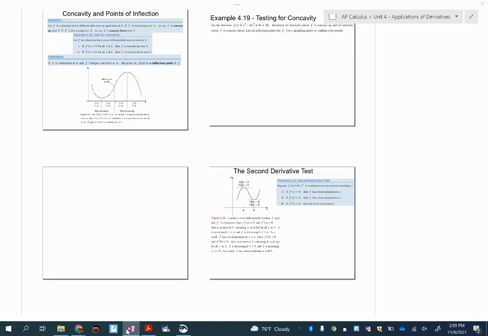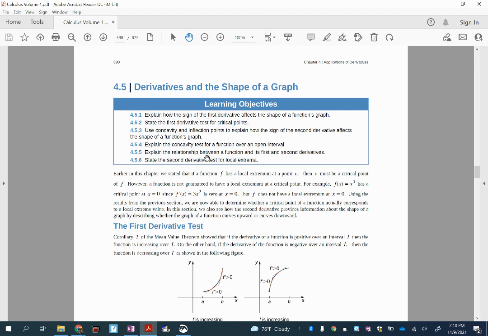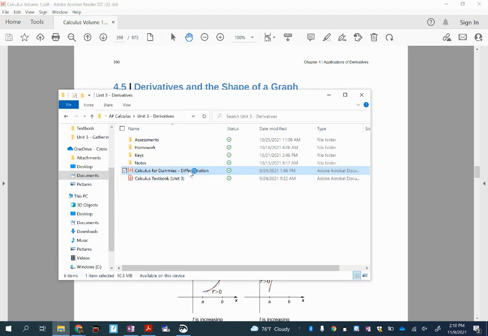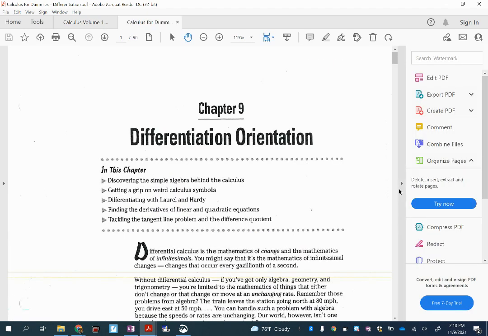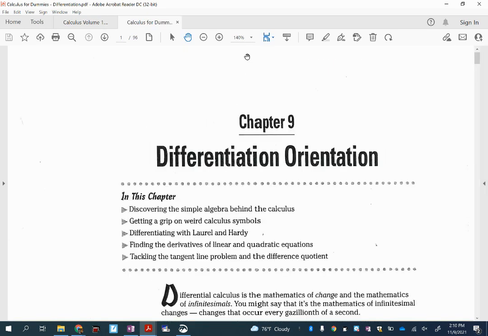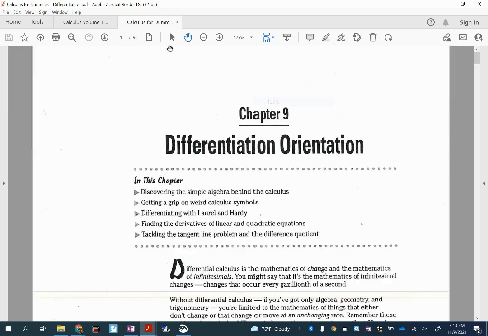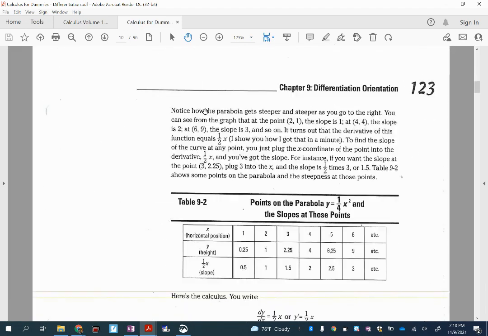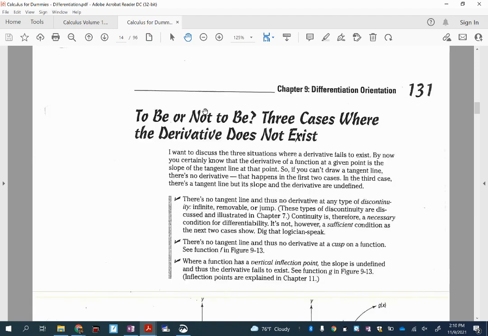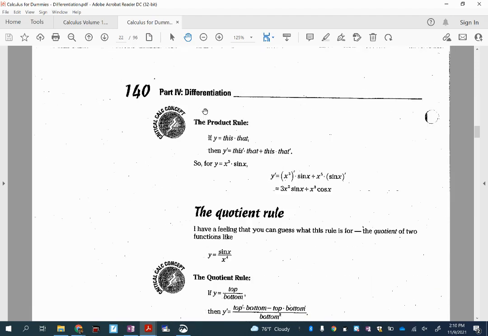Now, I just want to make another pitch before I get into this about reading the actual text. This is the textbook digitally on Google Classroom, and also the Calculus for Dummies on differentiation. I recognize that you have a lot of classes and a lot of things to do, but we already went through differentiation rules, so you can skip all that.